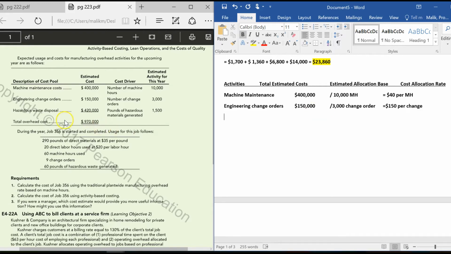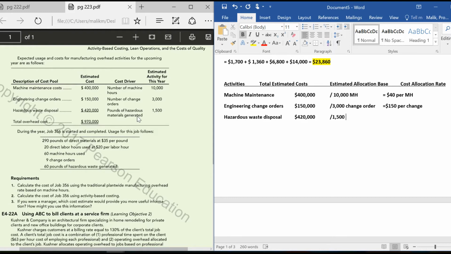Our last activity is hazardous waste disposal. We see from this table that the total estimated cost is $20,000, and the cost is driven by the pounds of hazardous material they generate, and the total amount estimated is 1,500 pounds.